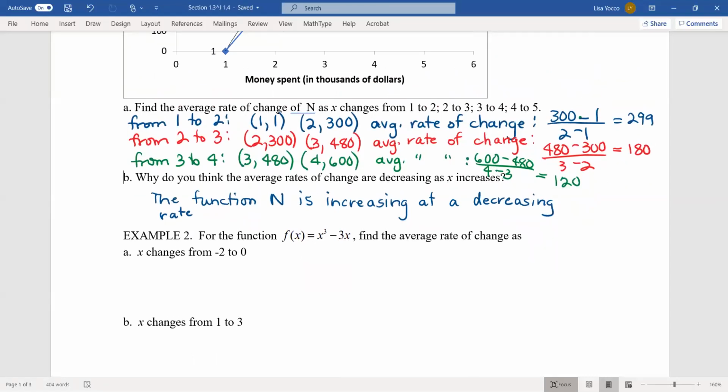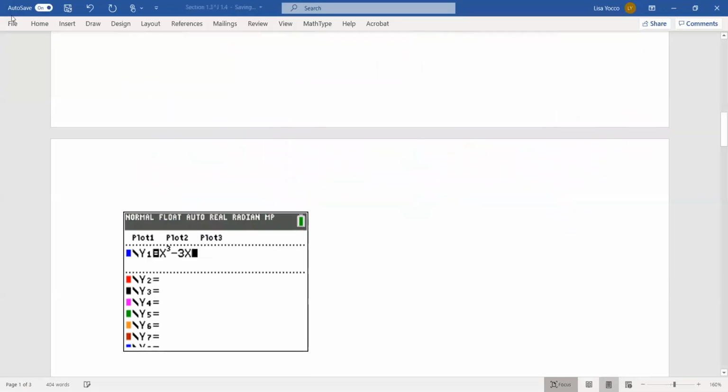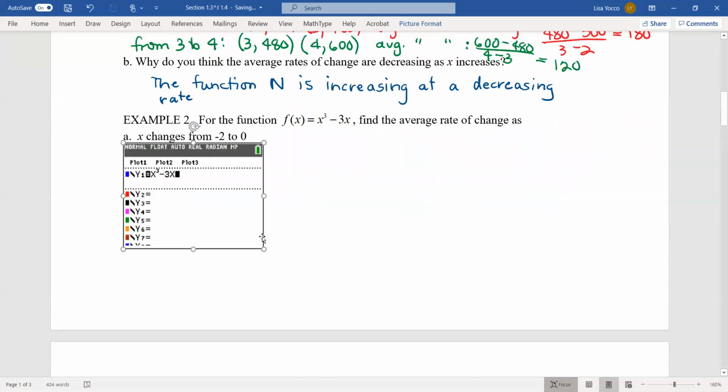Well, I'm a fan of using the calculator to help me out here. I know you can't see what I'm doing here, but I'm going to post a screenshot. Okay. So here's where I just entered the function in for y1.